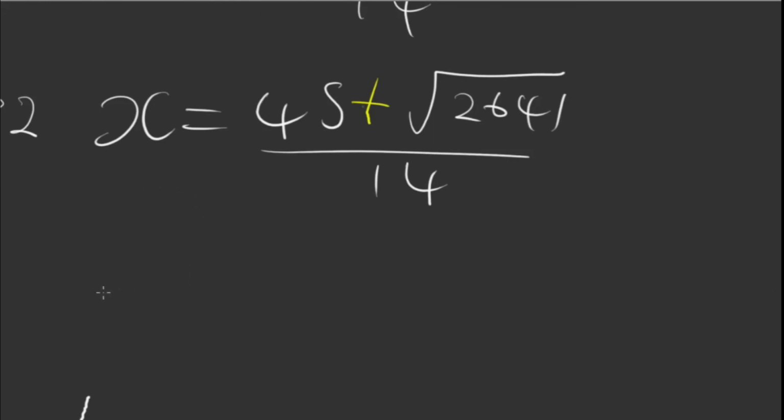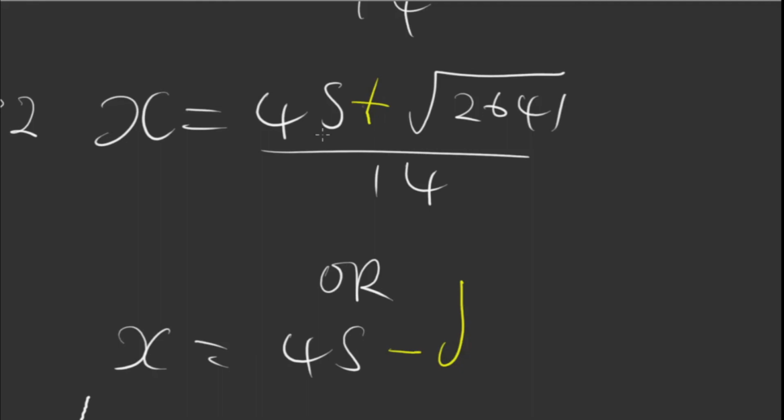In some books they'll say x1, x2, but I prefer saying or, so that it's the same x. So it's either this, or x is equal to the other. That's the thing about these colors, you forget. Yes friends.